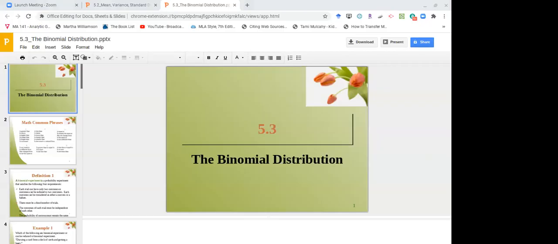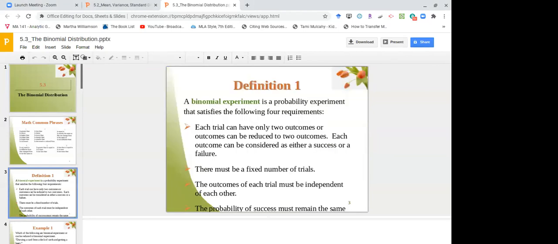And we have the common phrases at the top of the picture. We also have the binomial distribution or the binomial experiment. Now, these properties are very, very important.